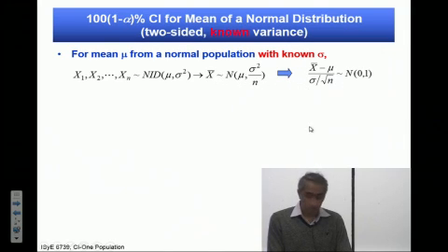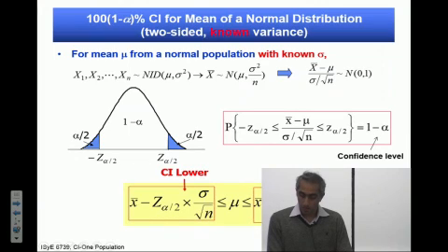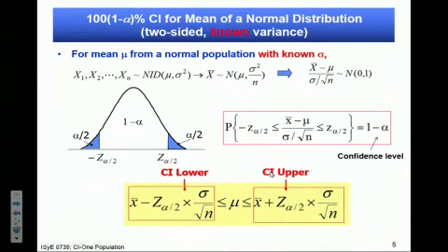Therefore, I can standardize that and use the property of the standard normal distribution, or z distribution, and say, okay, I want to have 1 minus alpha in between. Therefore, I can do some calculations and find the upper and lower confidence interval. We did these calculations, I think, last week.